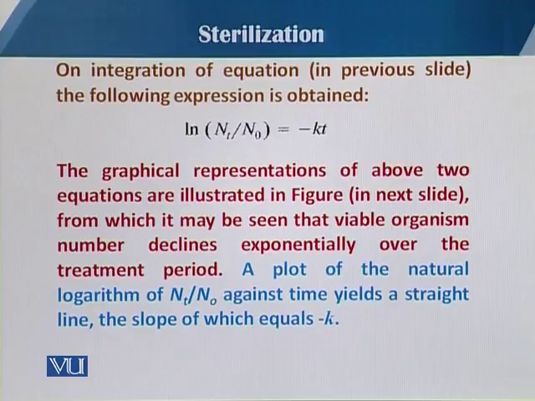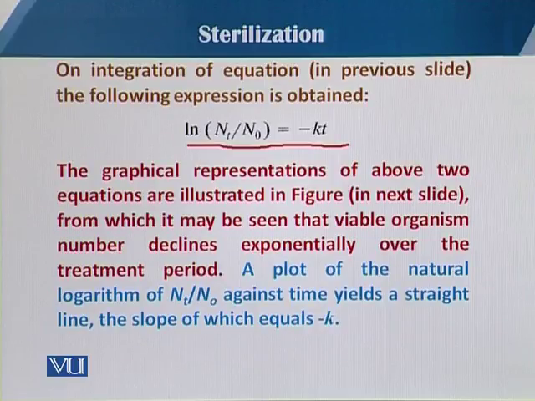When we take the integration of that equation, we get this equation: ln of Nt over N naught equals minus kt. N naught is the number of viable cells present at the start, and Nt is the number of cells present after the treatment, and k is the rate constant.